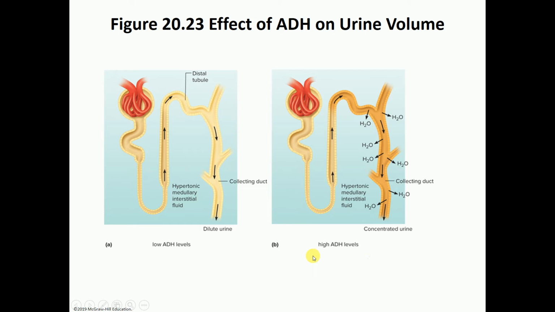Now our blood osmolality levels are high. That will release ADH from the posterior pituitary, increase the permeability of the distal tubule and the collecting ducts. And you can see here that now water is being reabsorbed into the interstitial fluid, and then eventually will get into the capillaries and into the bloodstream.